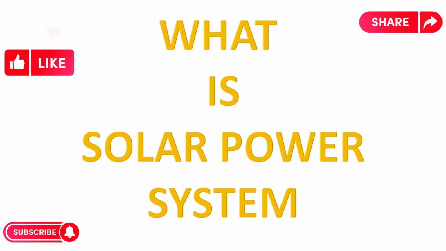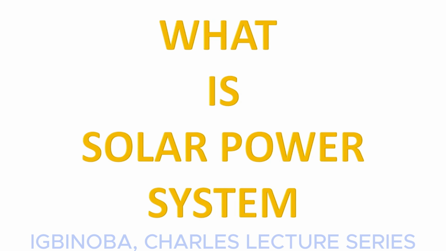What is solar power system? Solar power system is a collection of components that convert sunlight into electricity.